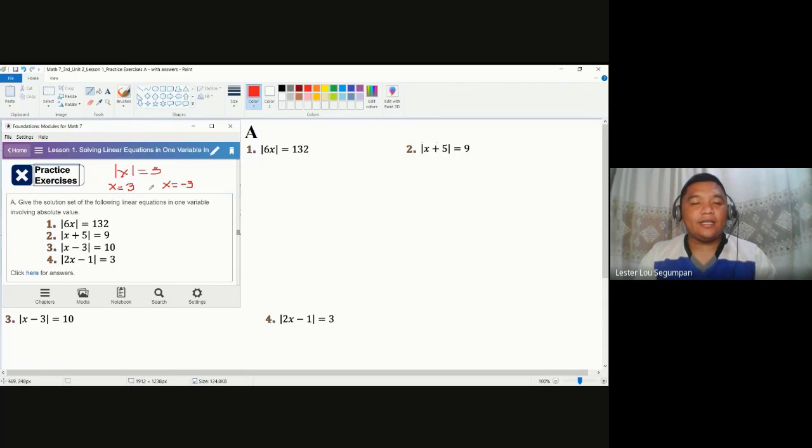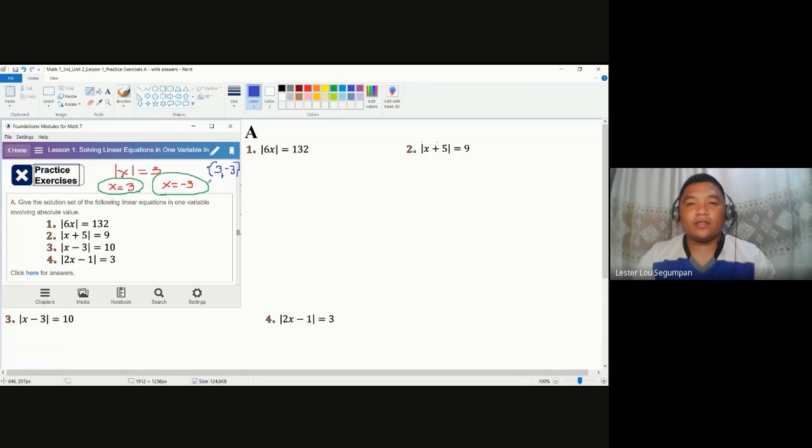If you substitute 3 here, the absolute value of 3 is 3, correct? The absolute value of negative 3 is positive 3, which is also equal to the right side. This means that both of these results are acceptable. Now that we have checked it, we could come up with a solution set containing 3 and negative 3.